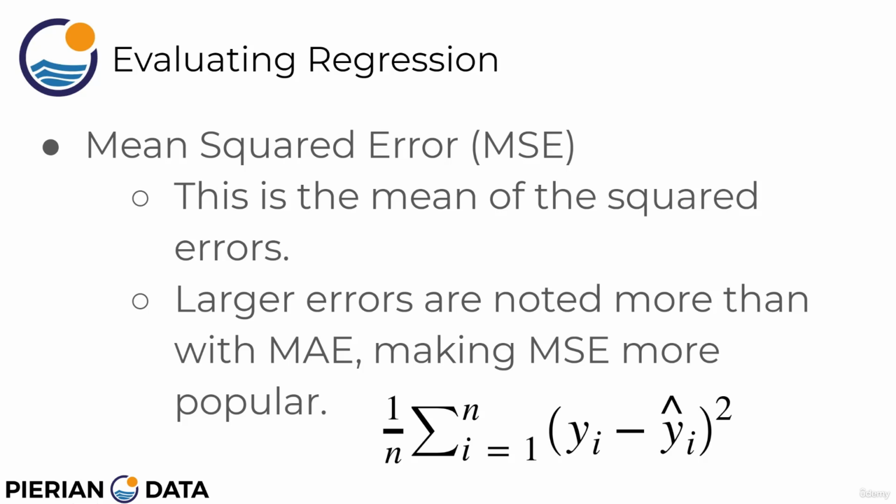However, there's another issue that we run into with mean squared error. That squaring of the actual label minus our prediction actually also squares the units themselves. So for example, if we were predicting the price of a house, then our error metric with mean absolute error would be in dollars, but with mean squared error, we end up getting an error metric in units of dollars squared, which is difficult to interpret.